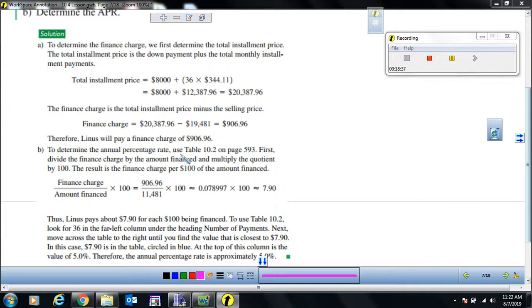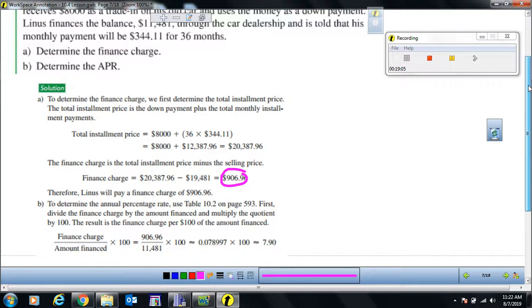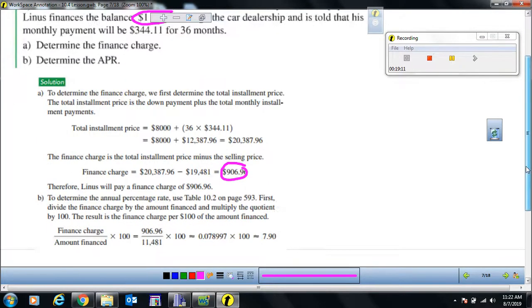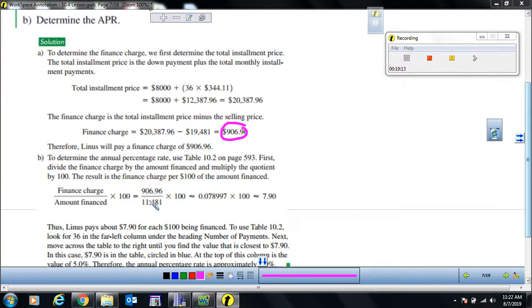So basically, if you want to determine the APR, you get the finance charge, which would be this amount right here, and then you divide it by the amount financed. The amount financed is this amount right here. So those two, in that order, finance charge on the numerator, the amount financed on the denominator, you divide that, and whatever you get, you multiply it times 100.